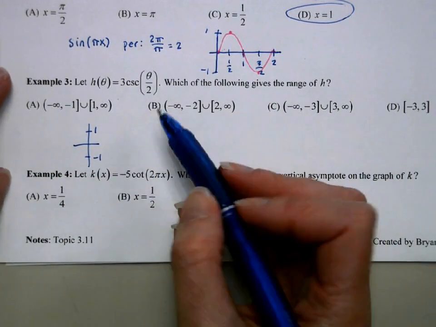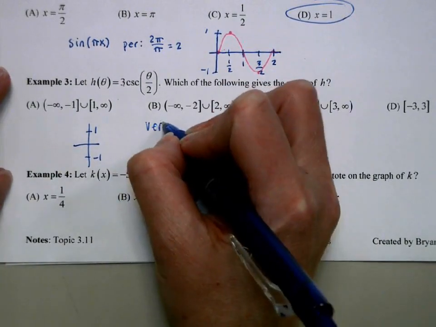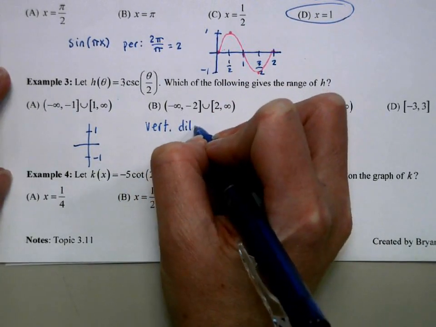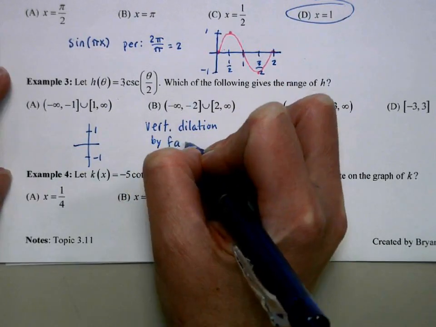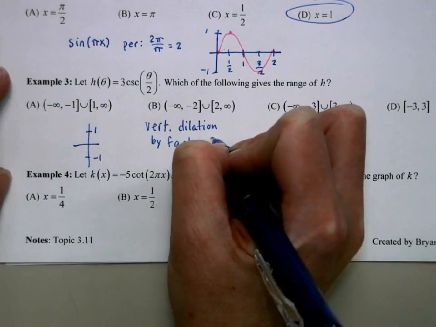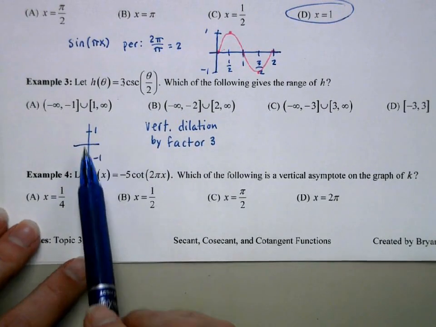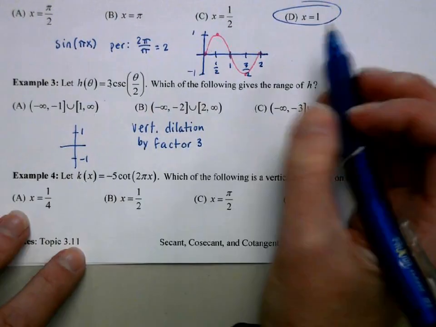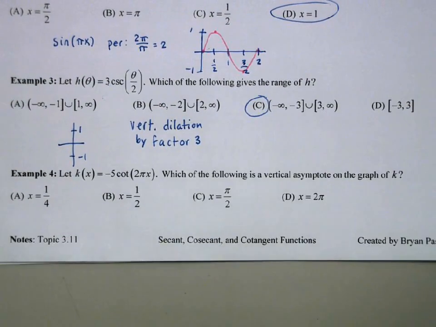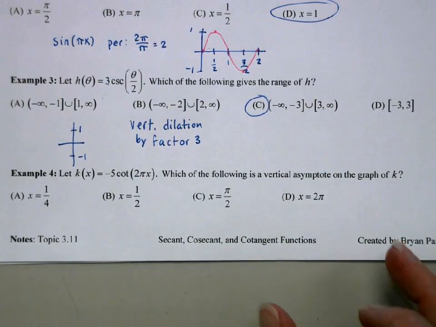If I multiply that by 3, that's a vertical dilation, which we know is going to multiply our y values. So rather than going from 1 and higher and -1 and lower, it's going to go below -3 and above 3. It's going to pull all those values away from the x-axis by a factor of 3.